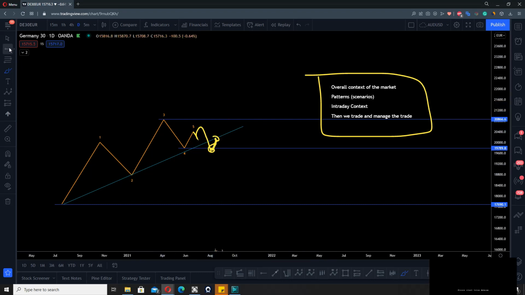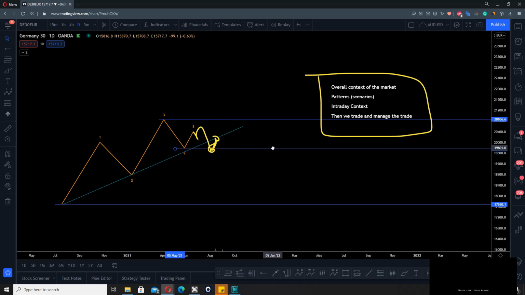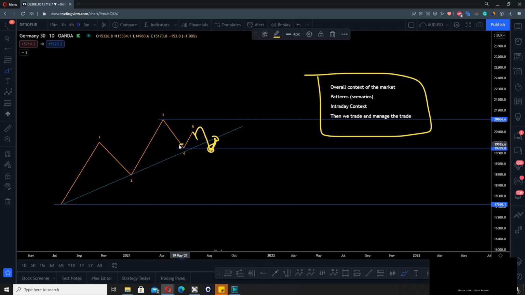Another variable is that price is bouncing off previous highs. A third variable, and this is more of a clue, is that price starts trading back inside this area again, which is also signaling that buyers are coming into the market. So you can see that there are many ways in which you can validate this pattern, but you have to validate it in steps.